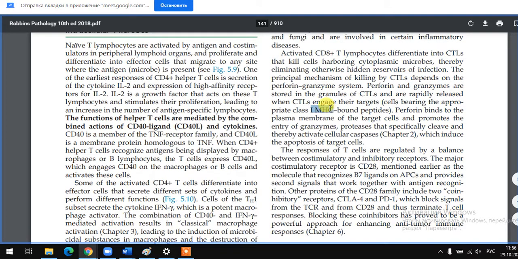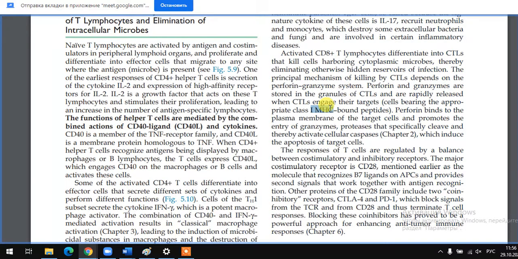We also discussed it in MHC, but I just repeat it again. They produce T cell receptors against these peptides bound to MHC1. Inside these cytotoxic T lymphocytes we have perforin and granzymes, stored in granules inside the CD8 positive T lymphocytes.